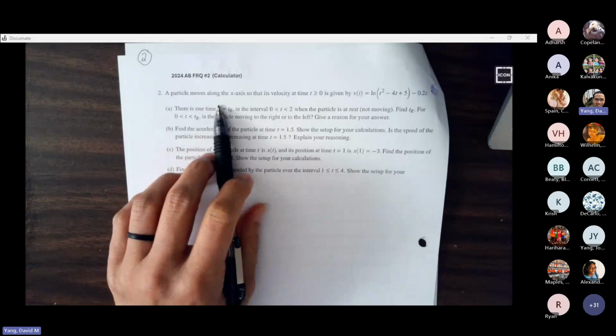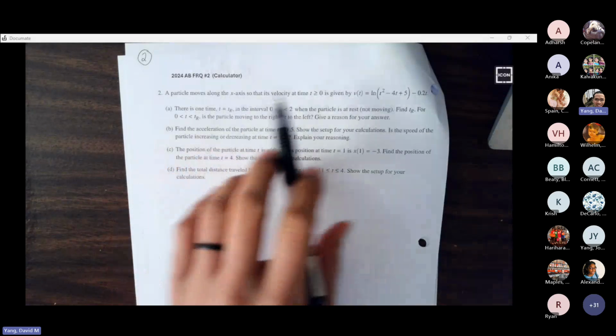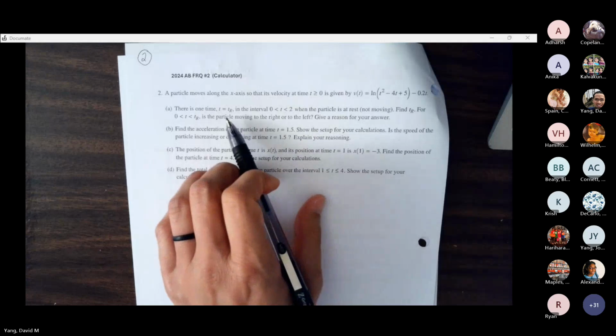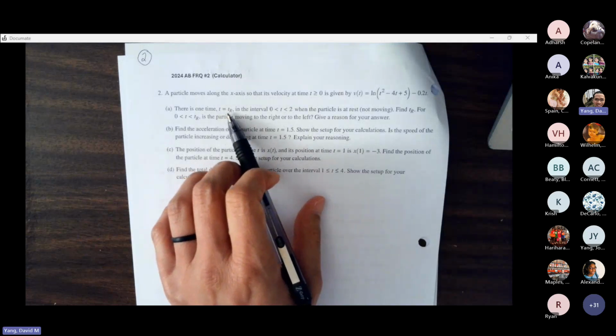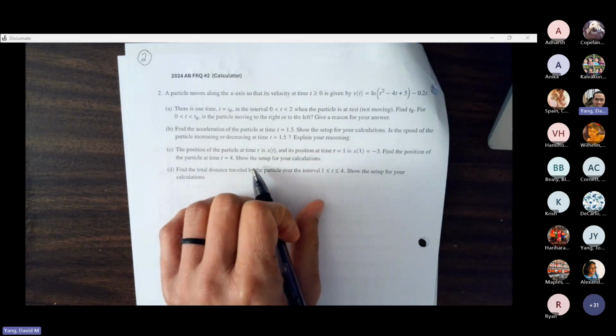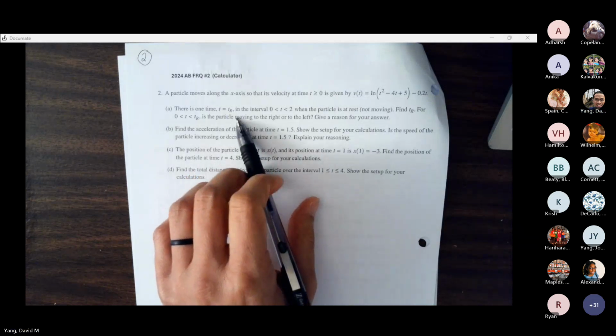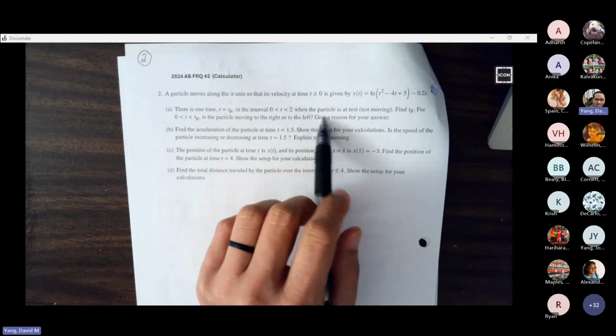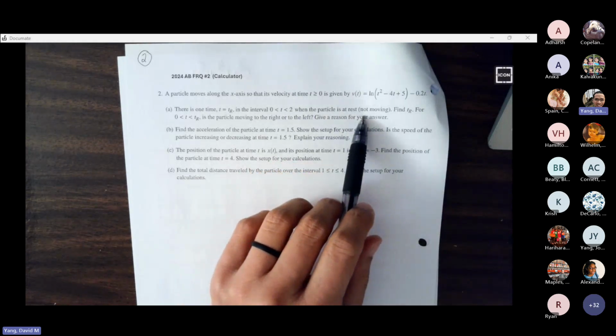A particle moves along the x-axis so that its velocity at time t greater than or equal to 0 is given by v of t. There is one time t sub r in the interval from 0 to 2 when the particle is at rest or not moving.